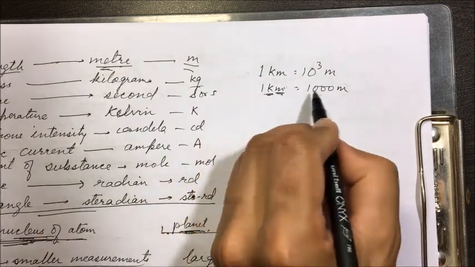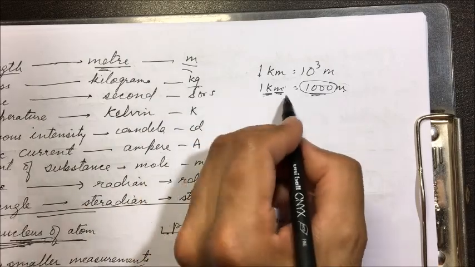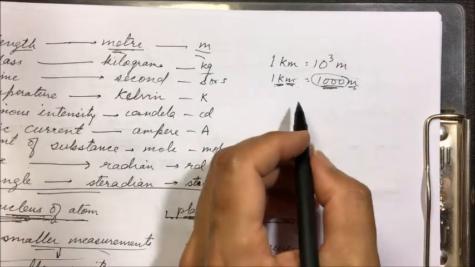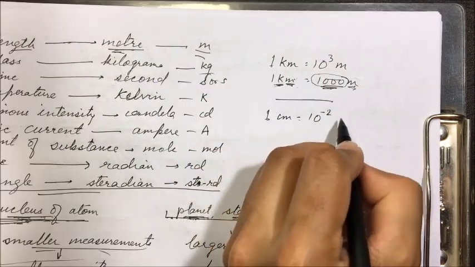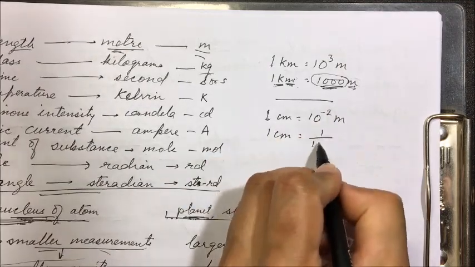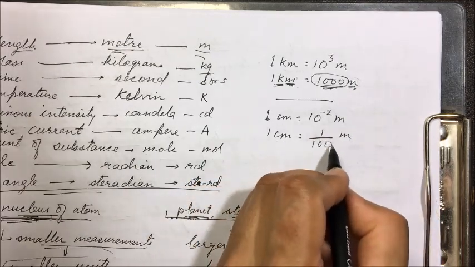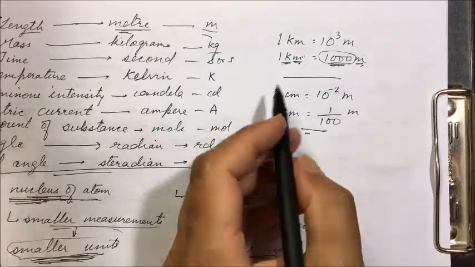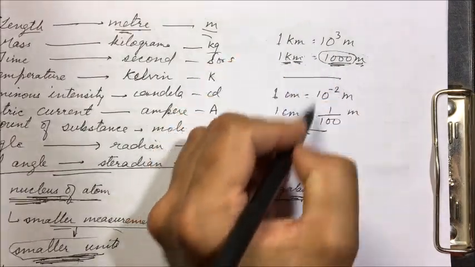That is, 1 kilometer is related to meter by this 1000. Or for smaller units, for example, 1 centimeter equals 10 raised to power minus 2 meter. Or 1 centimeter is 1 by 100th of a meter. So here they are related metrically in powers of 10. So these are the metric units.